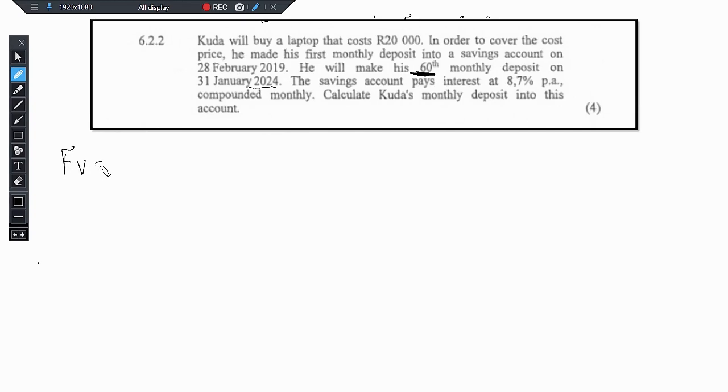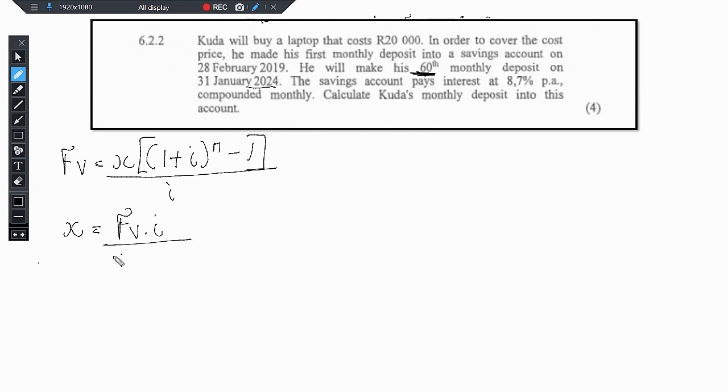So again, future value, X original formula, and then like that, over i. And then manipulated formula, future value, and then over bracket 1 plus i to the exponent of n, minus 1. Right. Then let's substitute into the formula now.